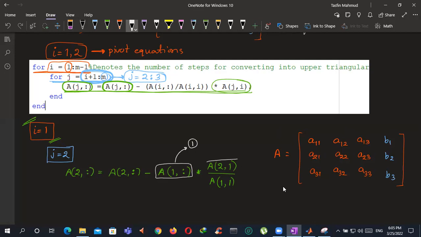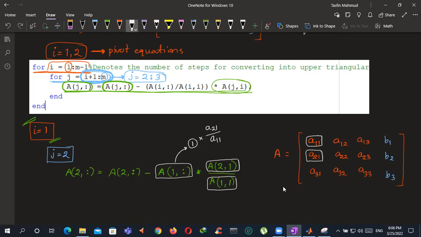Now a 2 comma 1 means second row, first column, this element. So we are multiplying the first equation with a 2 1, and looking at this coefficient, a 1 1, first row, first column, we are dividing it by a 1 1. That was the thing we were doing in the first step: multiplying by the coefficient we want to eliminate and dividing by the pivot element.